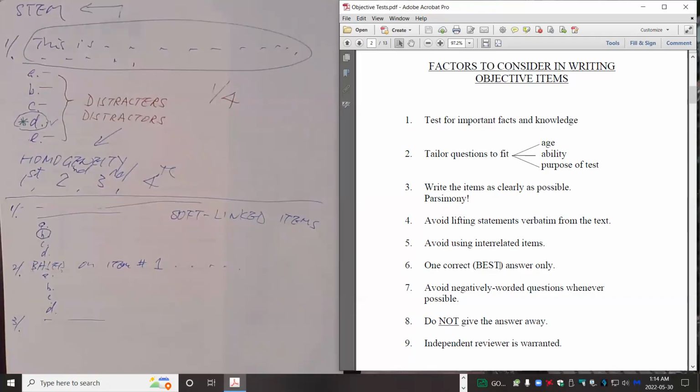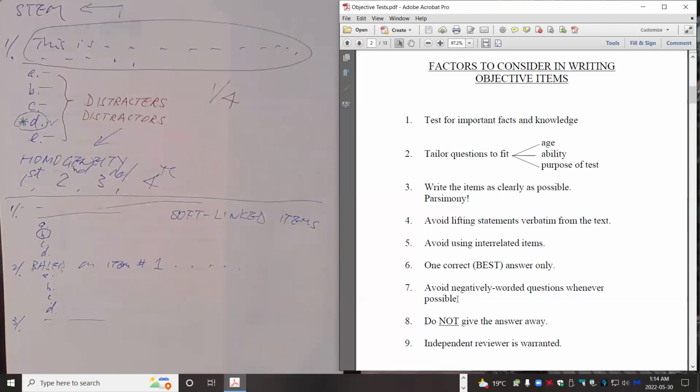That type of thing. So one correct or one best answer only. Otherwise, students would argue and challenge the correctness of their wrong answers. So that's important.